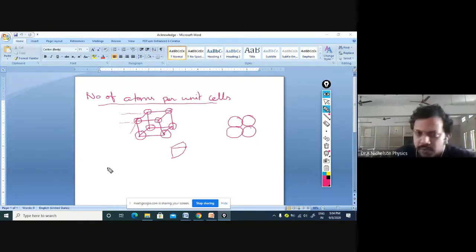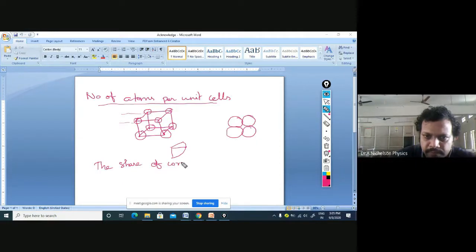So here you first have to write the share of corner atom present in the unit cell.